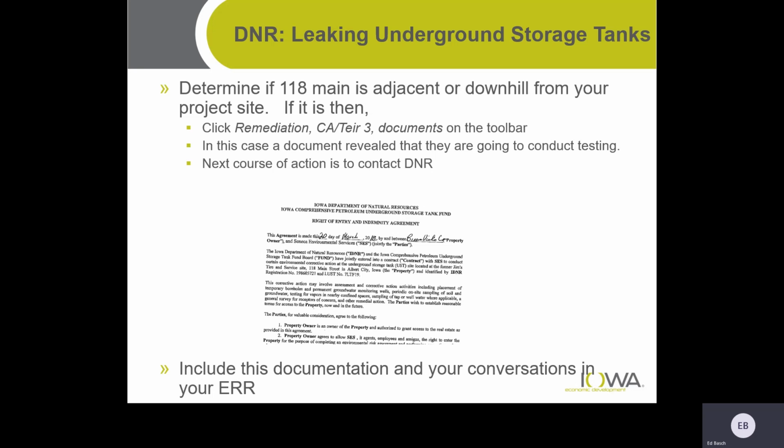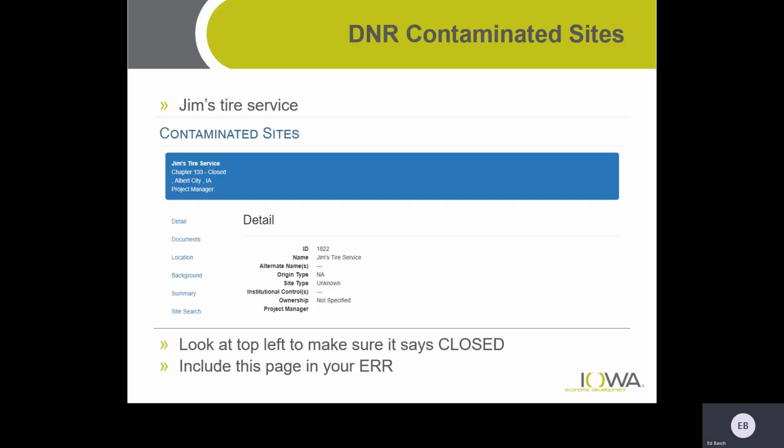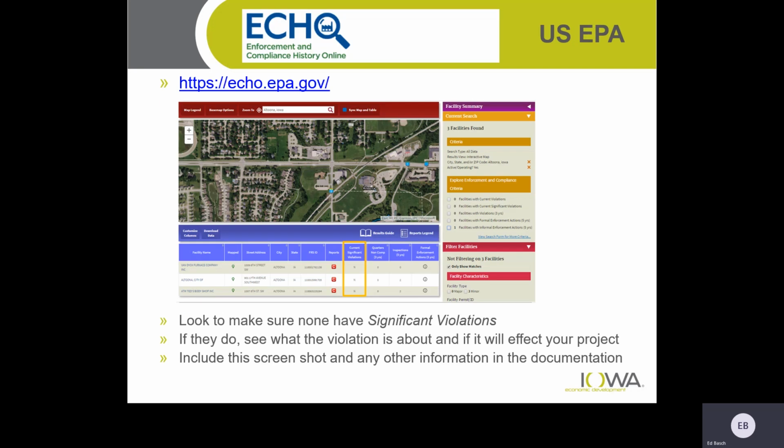But look at the ones that are close to your project site, and you click on the ID number on the left hand side to get to the detail. And here's an example of that. If it's closed, that's good. That takes you off the hook, so to speak, of any further investigation. Just give us a copy of that screenshot.